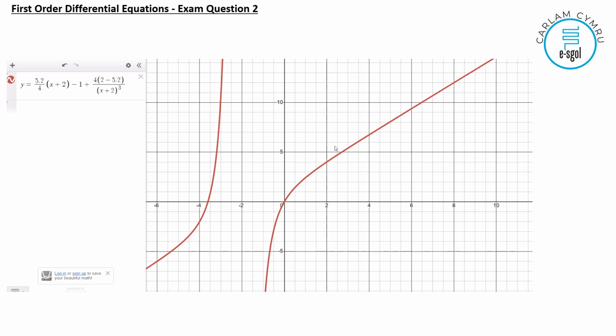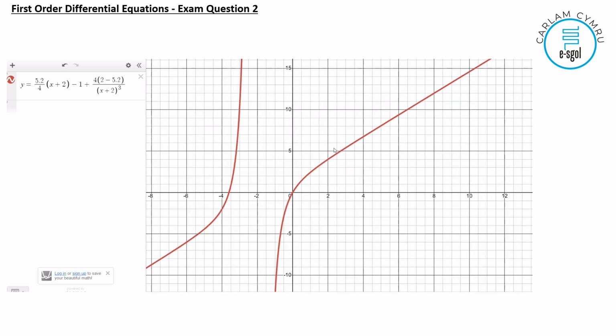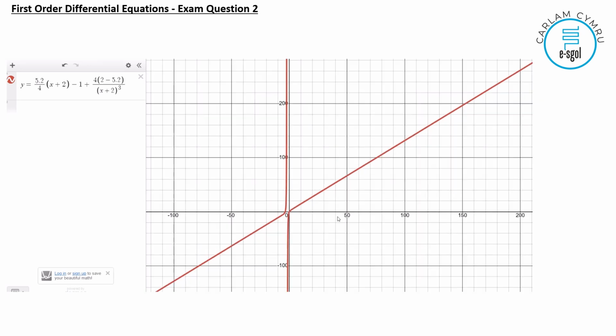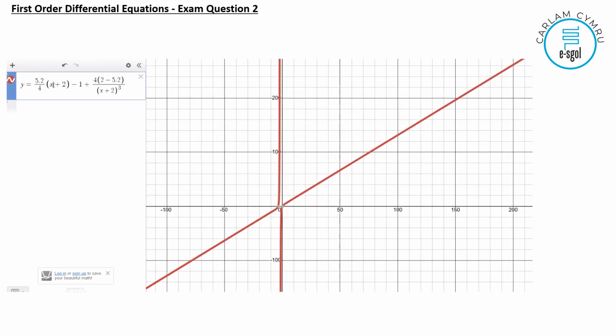So I've just typed the equation into Desmos just to see what it looks like, and we've got our graph. It starts with a nice curvy part, and then it does straighten up. So if we were looking at large values of t, I have had to change it so our x value is the t and our y value is the velocity.